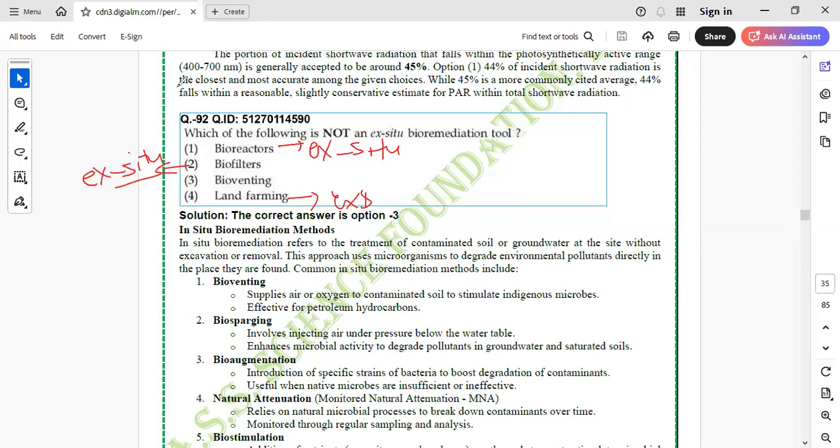I will be back. So correct answer here will be bioventing because I have to do a mail. I got an urgent call. So bioventing here is the correct answer. Bioventing is the correct answer, right? Just give me 2 seconds.